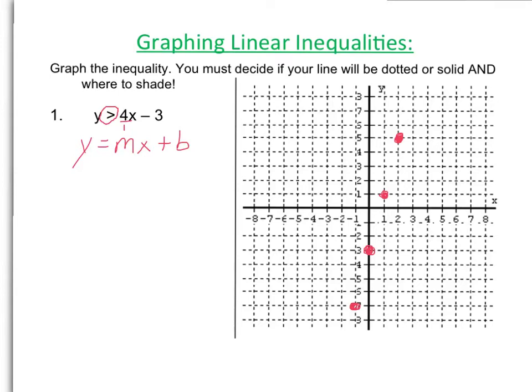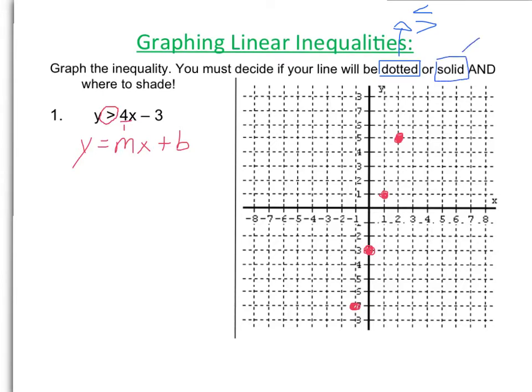But now what I need to look at is the fact that this symbol is greater than. If the symbol is greater than, or if it says less than, if you remember, that is going to result in a dotted line. So if it's a less than symbol or a greater than symbol, your line will be dotted.